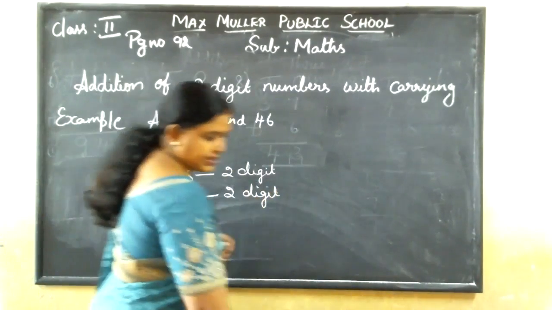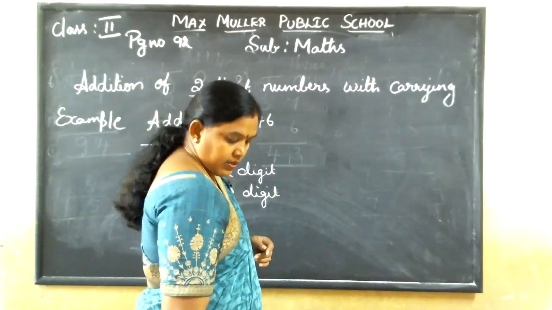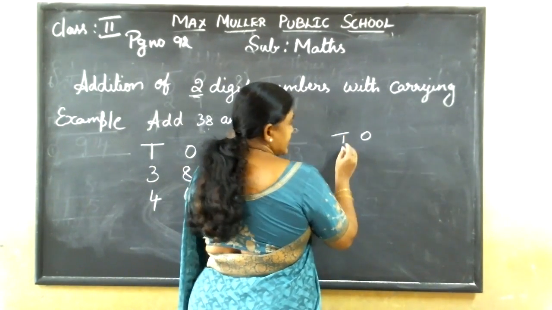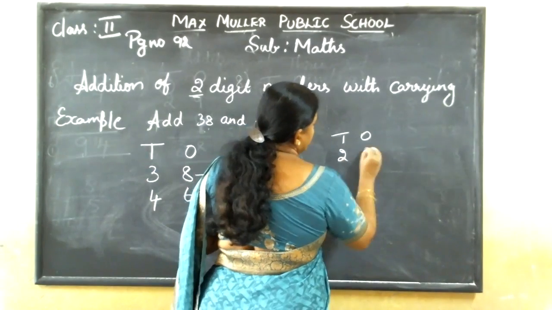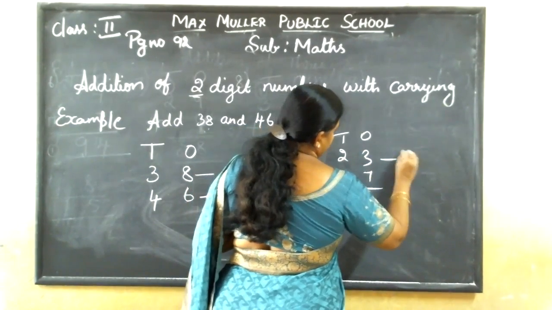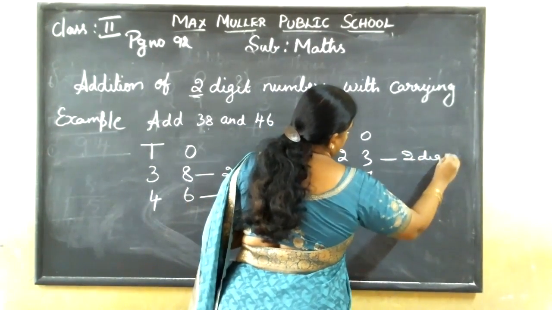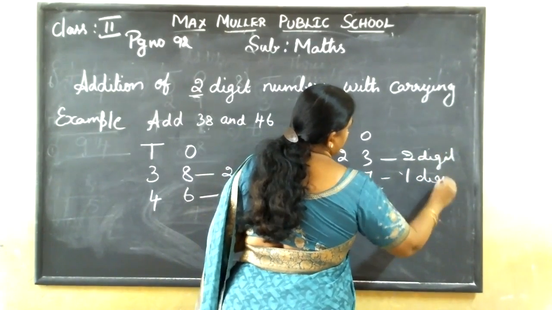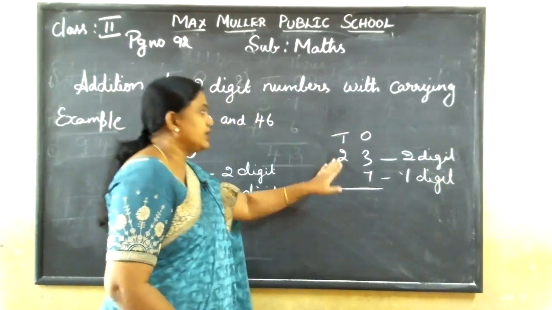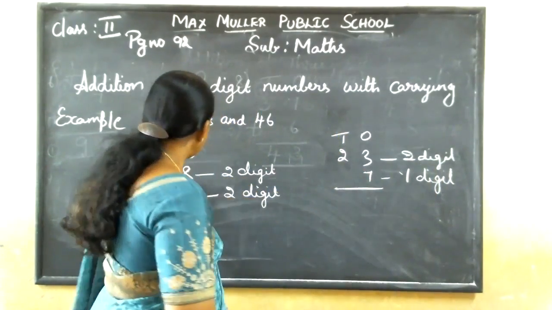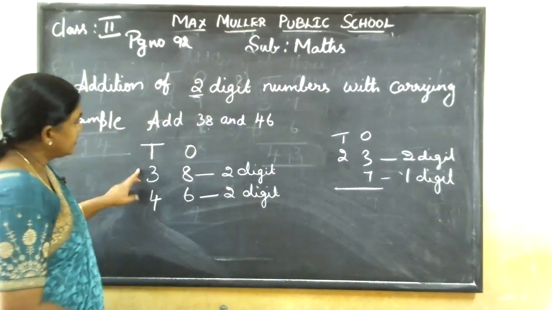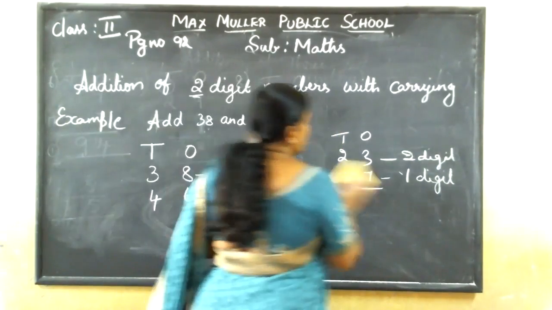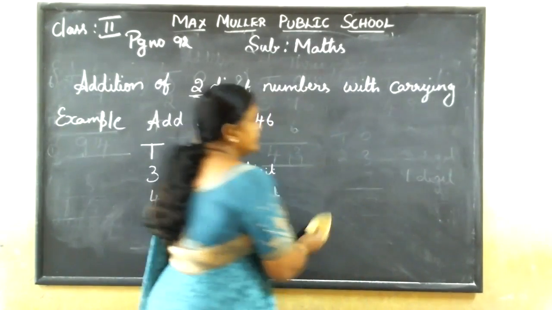In exercise 6, what we did? You have 2 digit, you have 1 digit. Understood children? This is 1, here 2 digit, here 1 digit. Here in this main, we will do here also 2 digit, here also 2 digit. Understood? Now we'll do the sum.